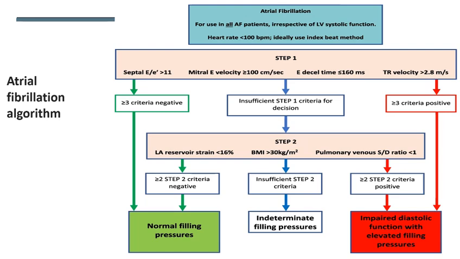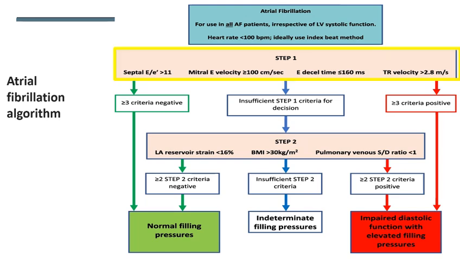Step 1 incorporates 4 key variables: septal E/e prime ratio, mitral valve E velocity, mitral valve E deceleration time, and tricuspid regurgitation velocity. When 3 or more parameters are positive, left ventricular filling pressure is considered elevated. When 3 or more are negative, left ventricular filling pressure is considered normal.